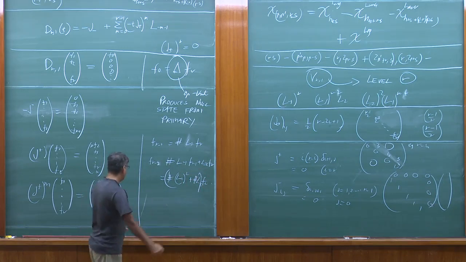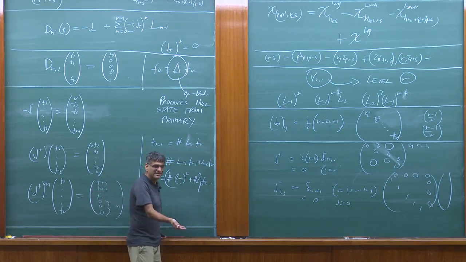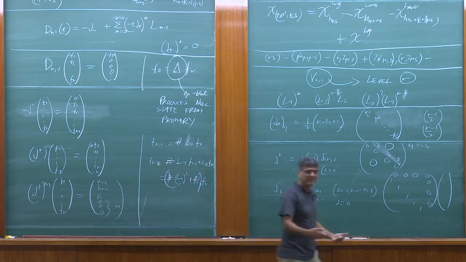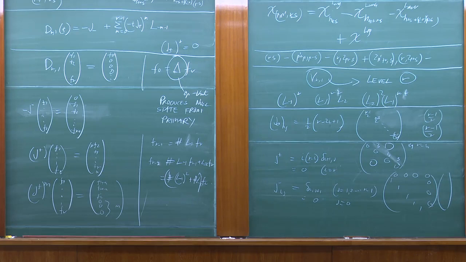Clear? Now we do the same thing with Fr minus 3. You see how it's going, right? We'll get an L minus 1 cubed, an L minus 1 L minus 2, and so on. As we keep going up, each time we go up one row, the dimension of our state increases by 1. And so when we go all the way up to the first row, the dimension of the state has increased by r.